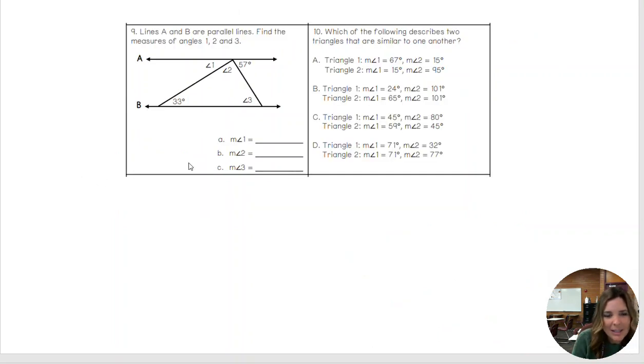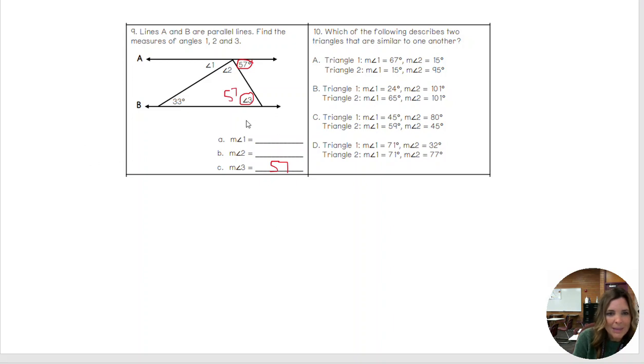On this next one, number 9, the thing that you needed to recognize here is that this angle right here, 57, and this angle right here, these are alternate interior angles. So that means that angle 3 is 57.